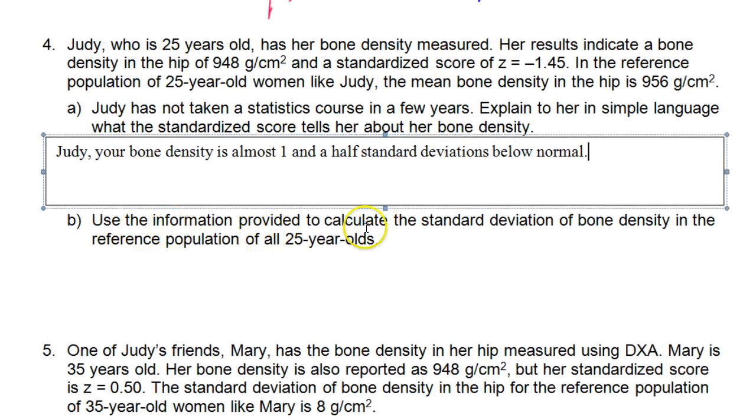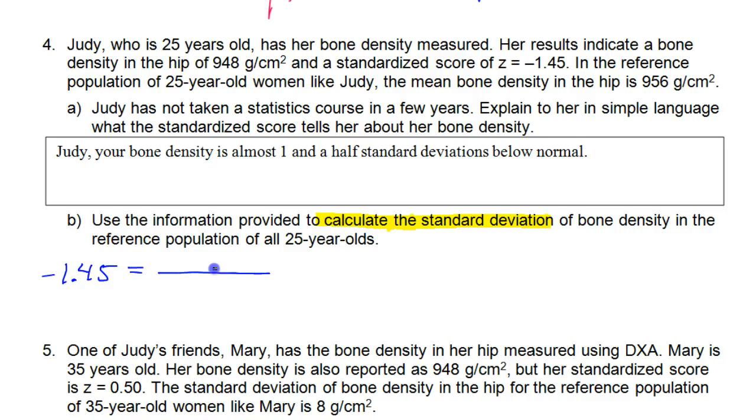Now, use the information provided to calculate the standard deviation of bone density. Okay, so here's the key word. They're asking us to calculate the standard deviation. Find the standard deviation. So back to that z-score formula again. So again, we are given the z-score. So that goes right out front, negative 1.45. All right, that's where z-score goes. And then we're supposed to have the value minus the mean up here in the top.